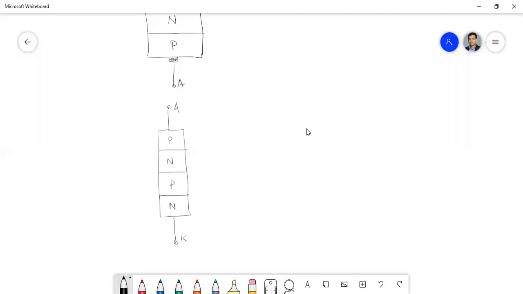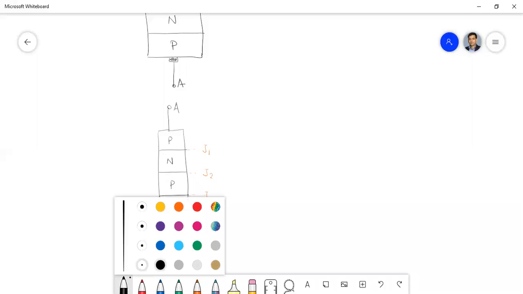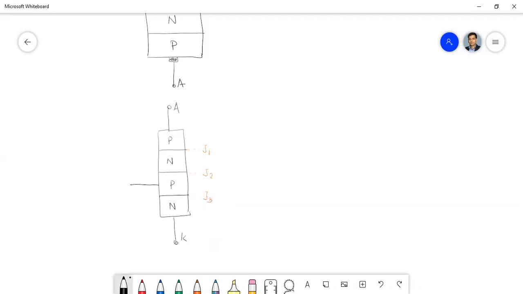We have junctions like this: this is junction 1, this is junction 2. This is one PN junction, this is another PN junction, this is another PN junction. So we have three PN junctions overall. If we relate with the previous structure, we can have the gate terminal from this P substrate. So this is the gate.